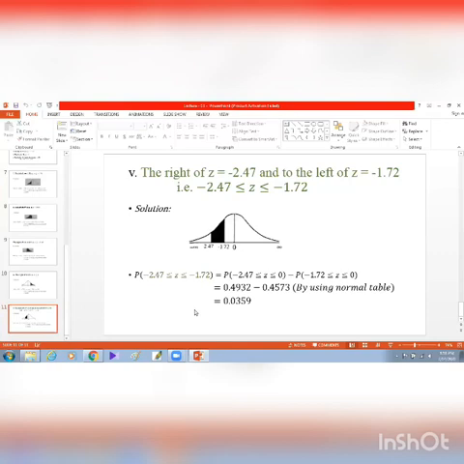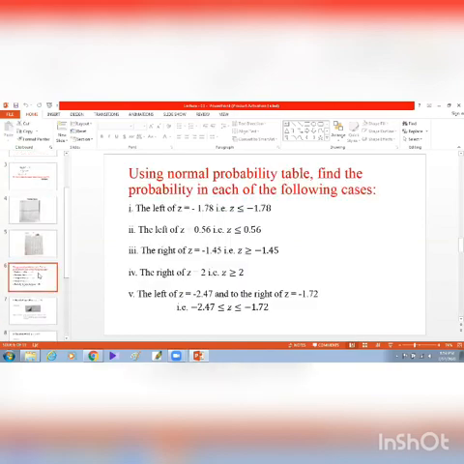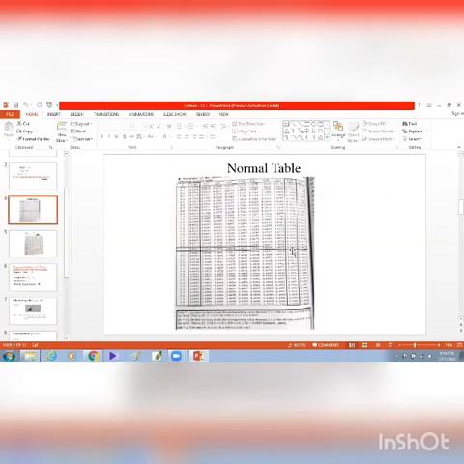So dear students, if you understood this determination of probability by using normal table, you'll be able to solve different problems of normal distribution very easily. My suggestion and advice to you is to firstly try to understand and practice these problems clearly, and learn how we can use the normal table.